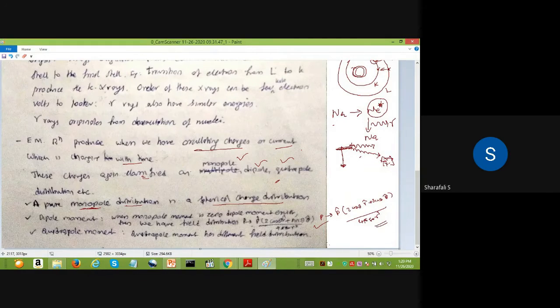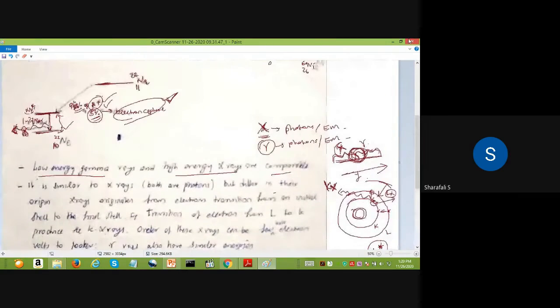So you can see that with quadrupole we have a different charge distribution, and with dipole we have a different charge distribution. Associated with that, we have different kinds of electromagnetic field distributions when these multipoles oscillate. Accordingly, we can say that these kinds of radiation are associated with dipoles, quadrupoles, or any other multipoles.